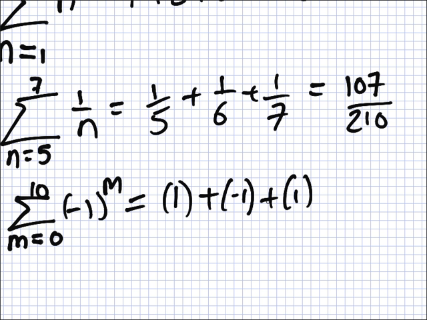But if there's an odd number, they won't all cancel, will they? So is there an even or an odd number? Odd. How many are there in total? 11. So the first two cancel. The next two cancel. They all cancel, don't they? Except for the last one.